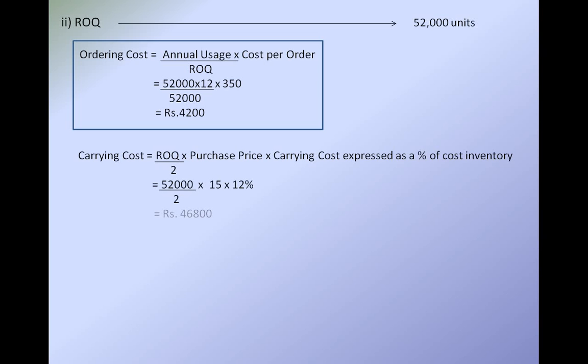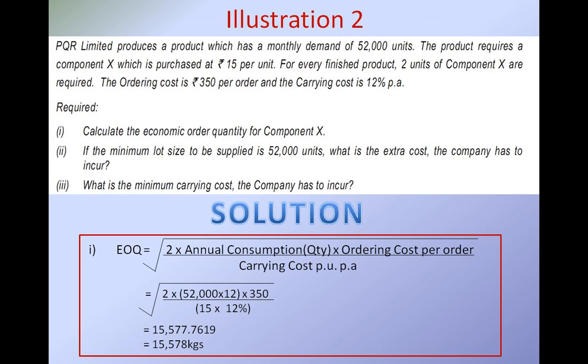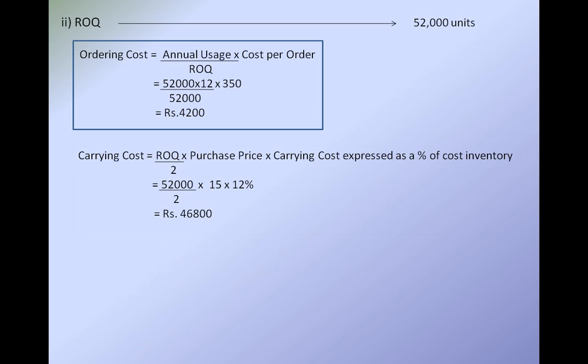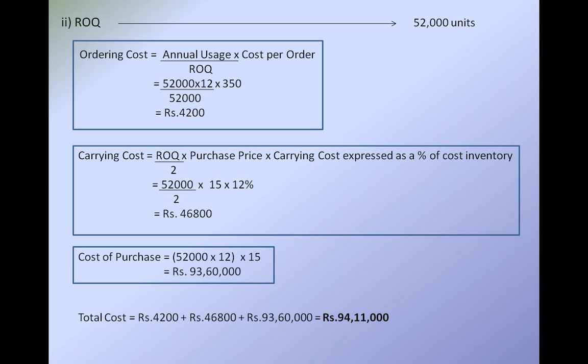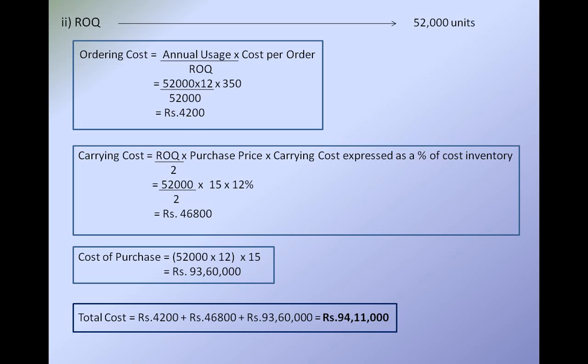The amount we arrive at is rupees 46,800, and the price of the product is, you see, 15 rupees per unit. So we can find out the cost of purchase. That's 52,000 into 12 for the entire year, into 15, is 93,60,000. You total it up, you'll get the total cost, that is 94,11,000. So this is the total cost when the reorder quantity is 52,000 units.